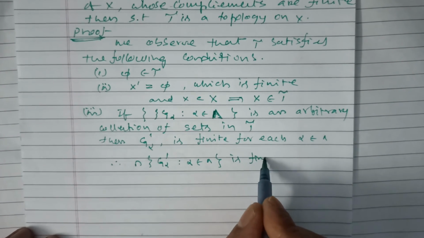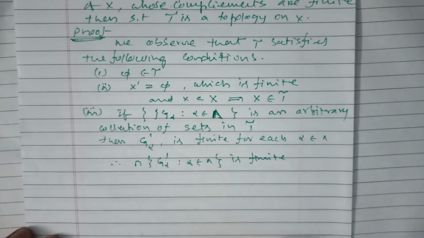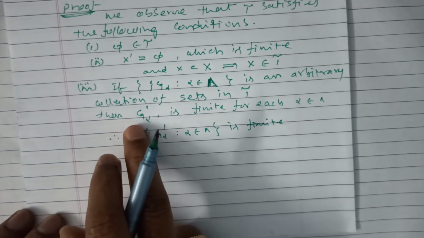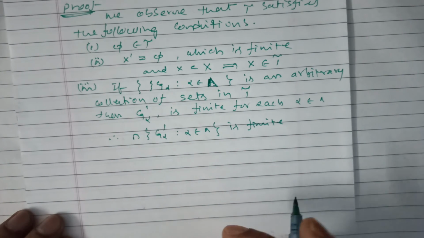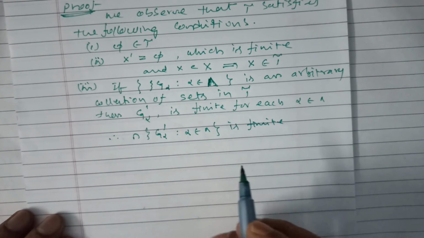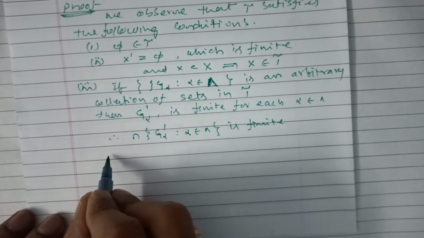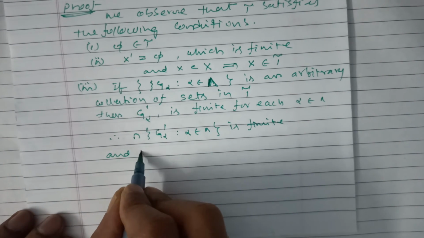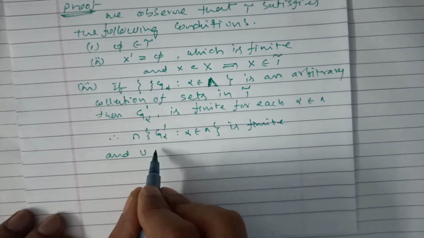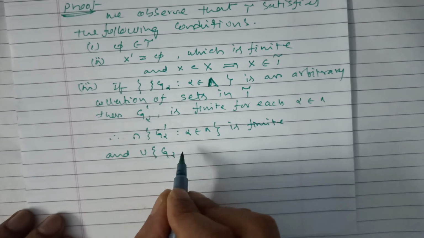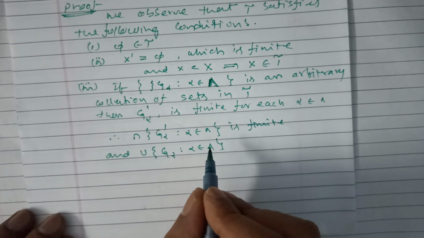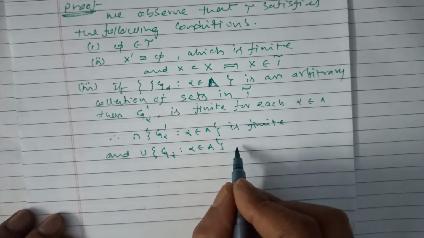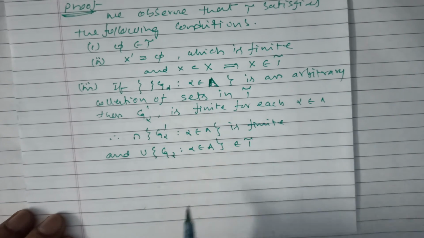Because it is an intersection of finite sets, which is also finite. And whenever it is finite, the union of G alpha such that alpha belongs to A must belong to tau.